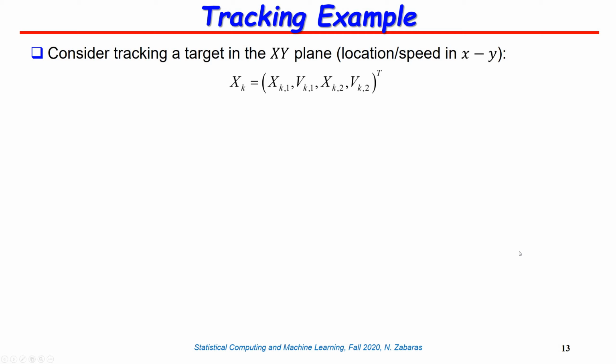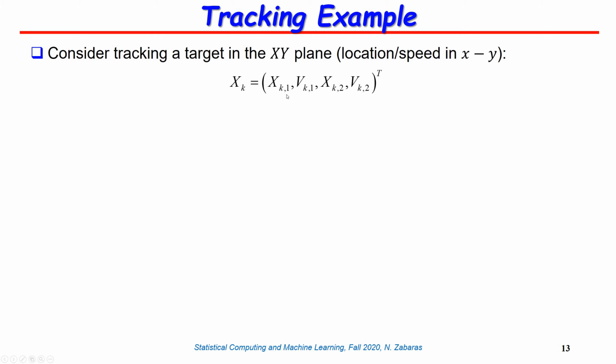Let's say that you want to track an object, let's say a missile, and here I'm referring to an object in the plane xy. So I'm defining the state of the missile based on its x and y locations and velocity components.